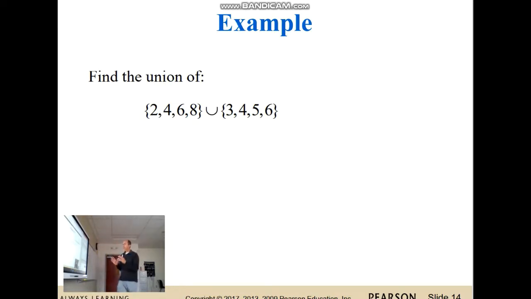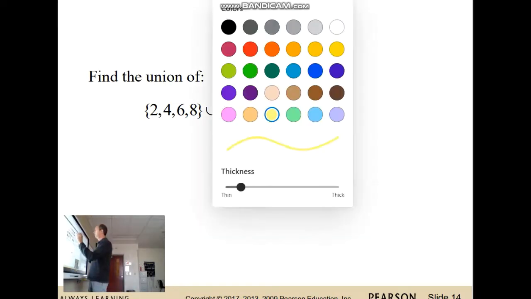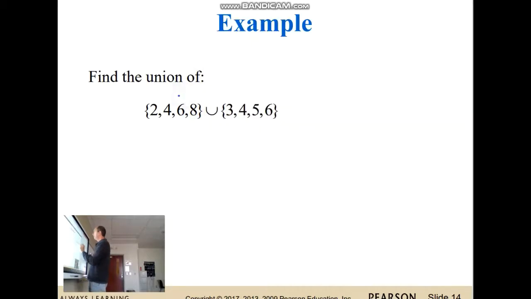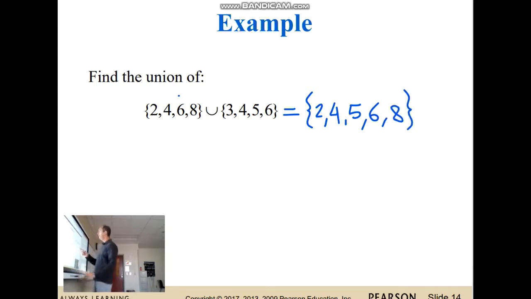Simple example to remember. The union of these two sets is going to be all the elements. You can say 2 and 4 and 5 and 6, right? And 8. All the numbers that are here on this set, all the numbers that are here on this other set, they all belong to either one.